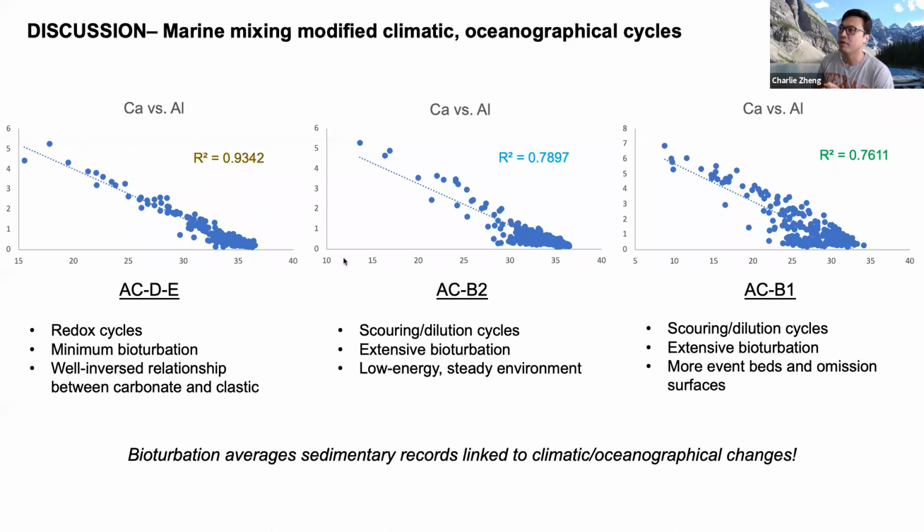So that dropped down the correlation. And then in the B1 zone, it's further dropped down because there are more frequent events that just messed up the sedimentary signals. So that's something I'm trying to think about, that bioturbation really serves as a time averaging tool that modifies a lot of signals, so we need to consider it as a primary factor.